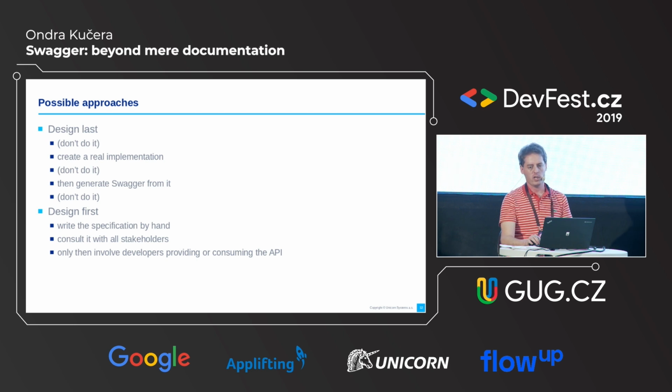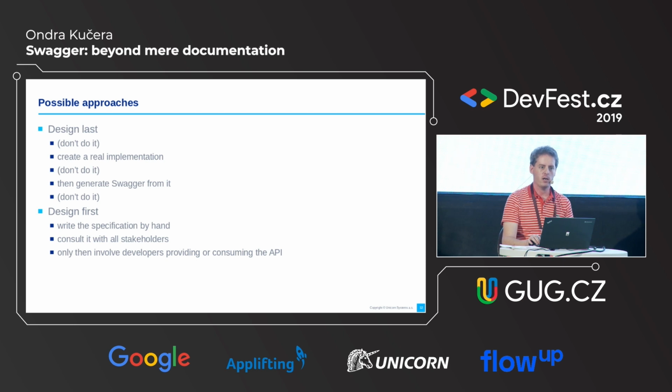So, okay, let's just say we've decided to use Swagger. How can we use Swagger? There are two possible approaches. You can see that I'm ever so slightly biased towards design first. I think you should do it.